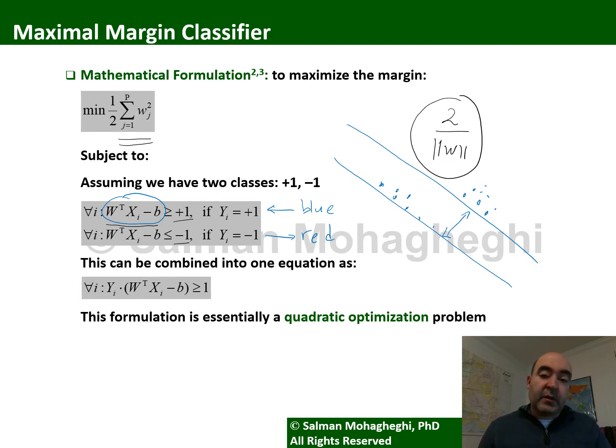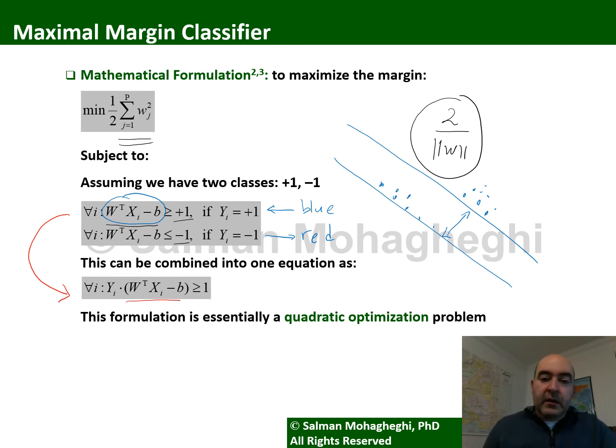But based on the numbers that I have assigned, I can actually combine these together and basically rewrite these two constraints in this form. For every observation, I want yi, the outcome of that observation, the class to which that observation belongs, times this term to be greater than 1. Does that exactly give me these two constraints?